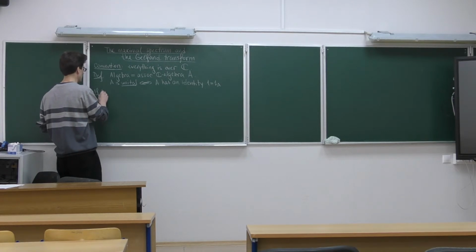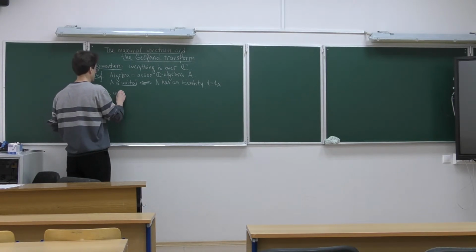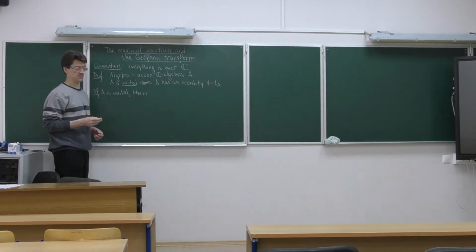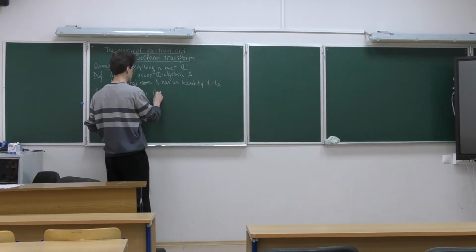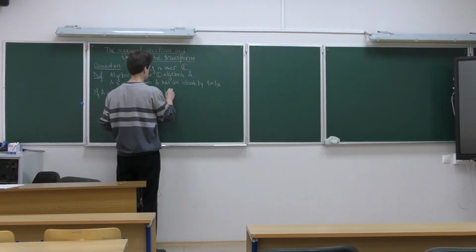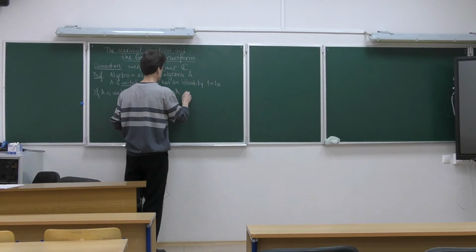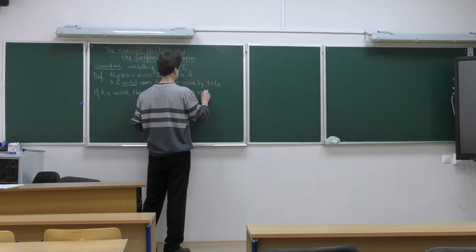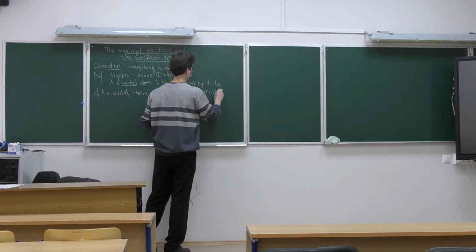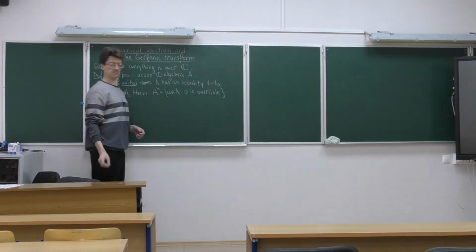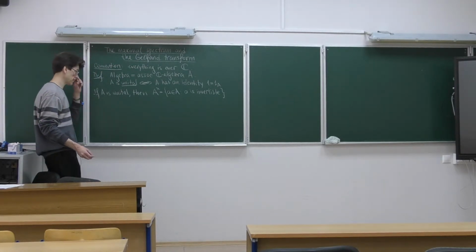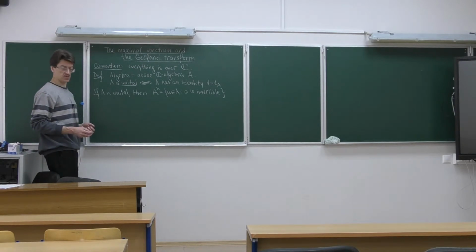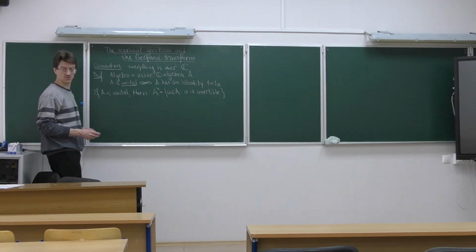If A is a unital algebra, then we can consider the set of all invertible elements. This set will be denoted by A cross. This is the set of all invertibles in A, the so-called multiplicative group of A. Okay, so from now on we assume that A is a commutative unital algebra.